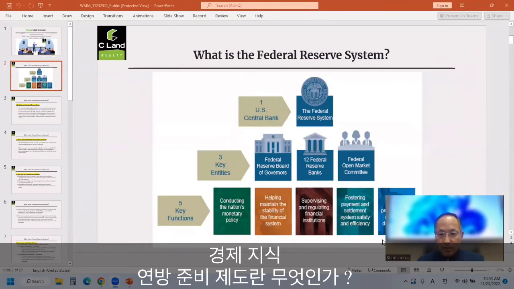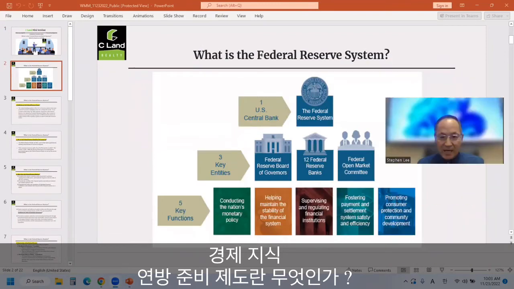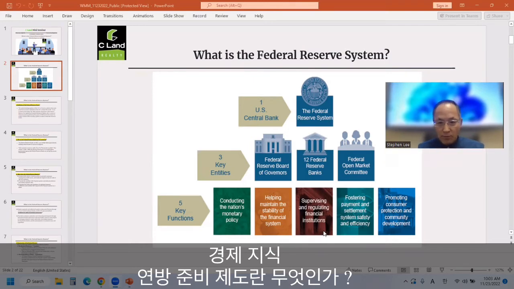Okay, this is the basic diagram of the US Federal Reserve System. The image shows a very good overview of the U.S. Federal Reserve System.